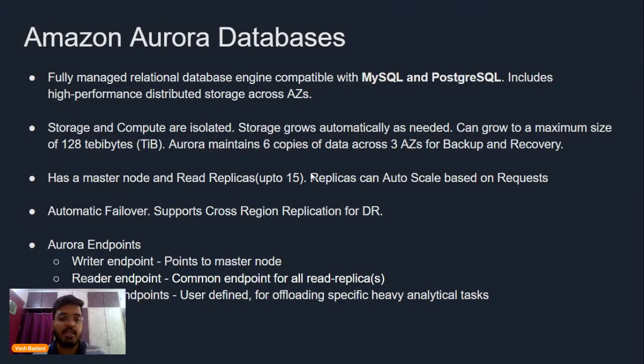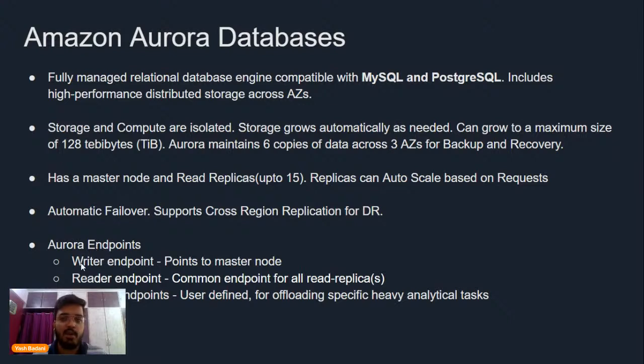Let's say you have a cluster with one master node and 5 read replicas, and your master node fails. Any one of your read replicas can now upgrade to a master node, and now you have 4 read replicas and one master node, instead of 5 read replicas. Automatically Aurora will add another read replica for you once there is a recovery within the availability zone in which the downtime happened. So it's self-healing, we can say.